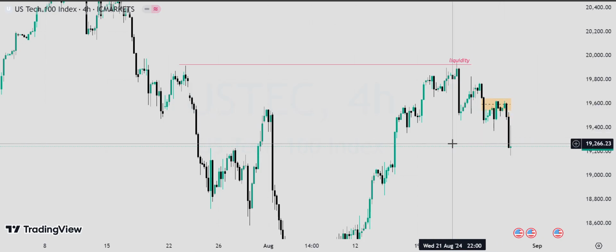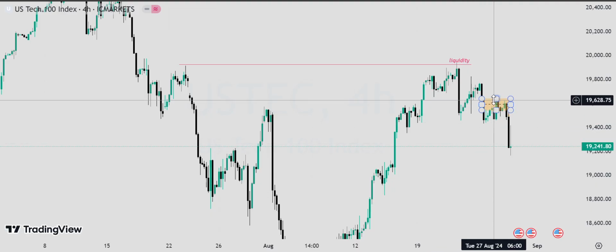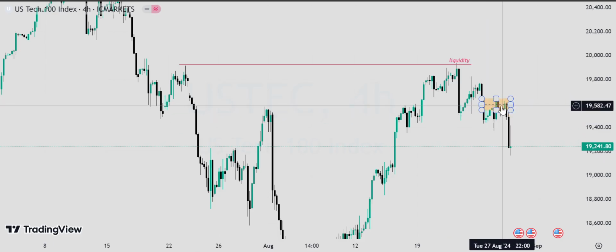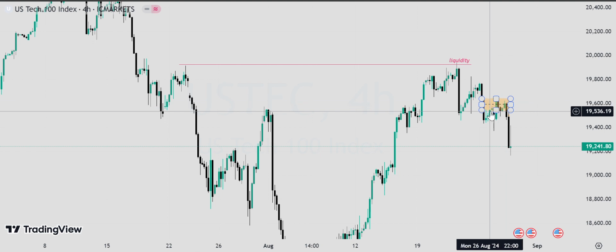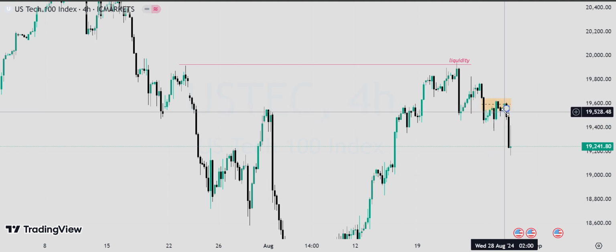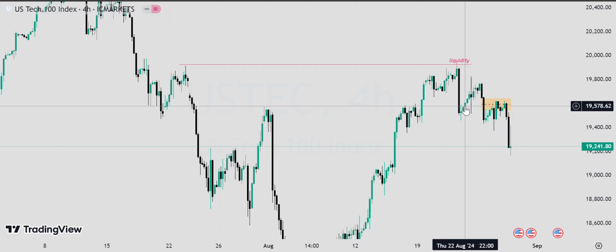As ICT explained in his PD array, one of the main points of interest is the fair value gap, or imbalance. This imbalance was retested yesterday, and again today. That's where our opportunity is today.